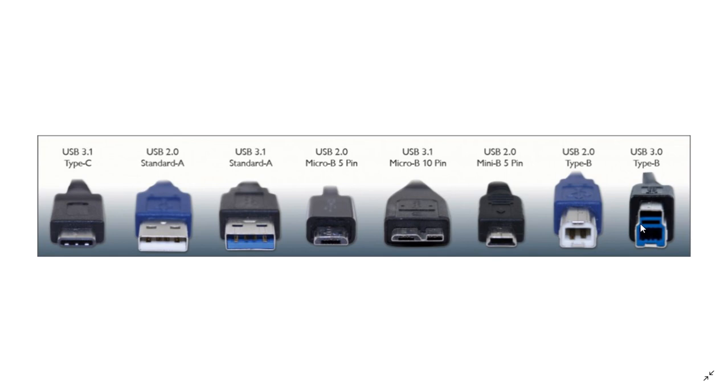So among the other more popular ones, you have the USB 2.0 Mini B 5-pin. This is a Mini B. It's very popular on many devices, MP3 players. Some phones use it.